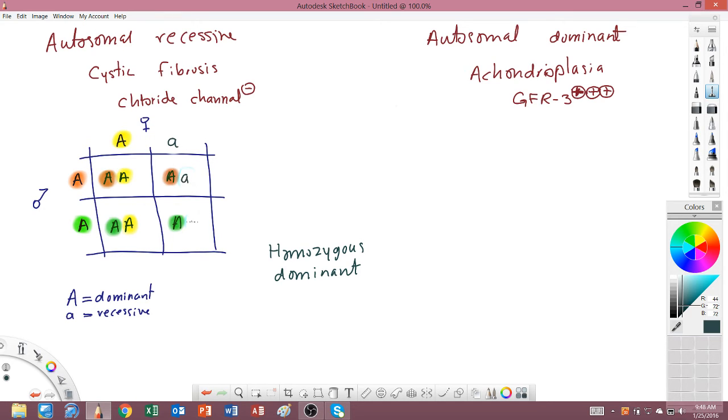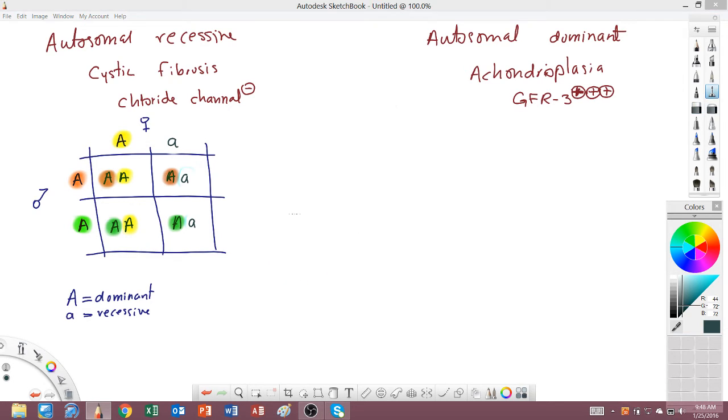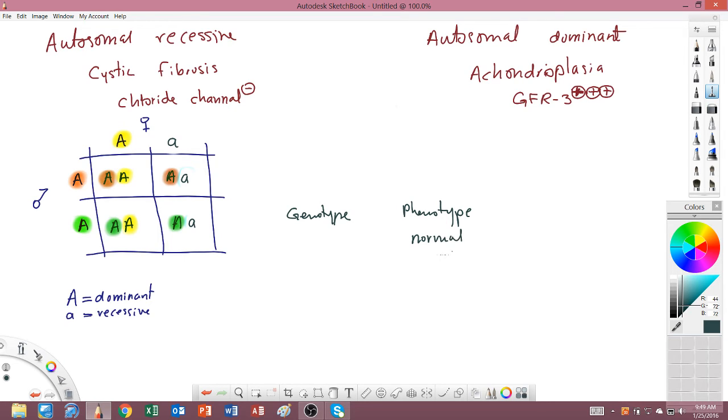So now let's do this. We'll focus on two things: phenotype and genotype. If you get confused, let's say normal phenotype, normal, and then one more normal, just in case, and then diseased.